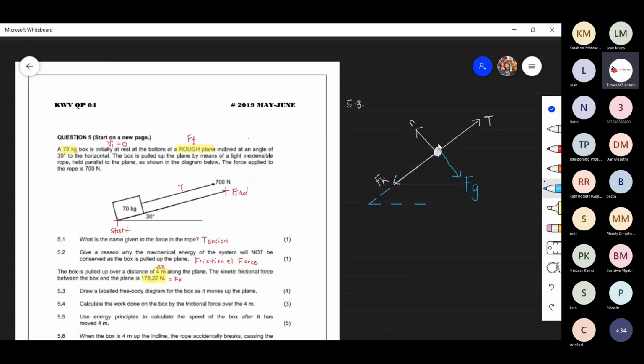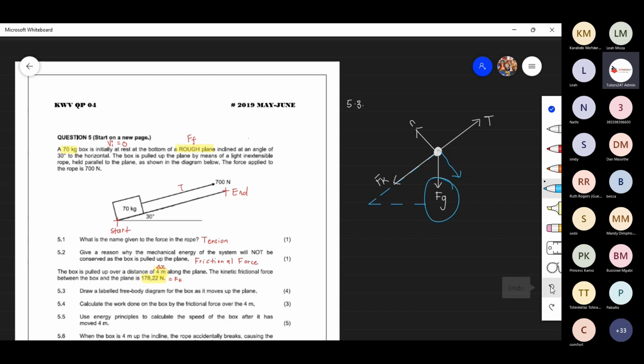Remember, even though it's an incline, gravity is acting straight down. So it's acting in this direction, always, irrespective. If you state that gravity is acting at an angle, that's wrong. Gravity doesn't act at an angle. But if we put the perpendicular component, that would then be correct. Yes, you can do that. But you first have to show the main gravity.